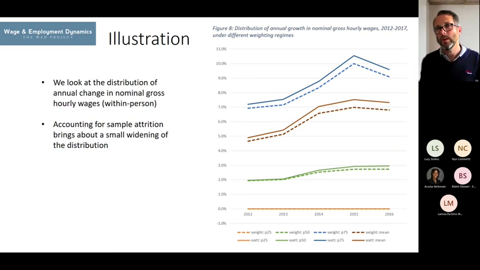And you can see what it does is it slightly widens the distribution. So you get slightly more heterogeneity in the growth of nominal gross hourly wages when you use this attrition weight compared to when you just use the normal weight. Okay, so those are the headlines really from the attrition paper.